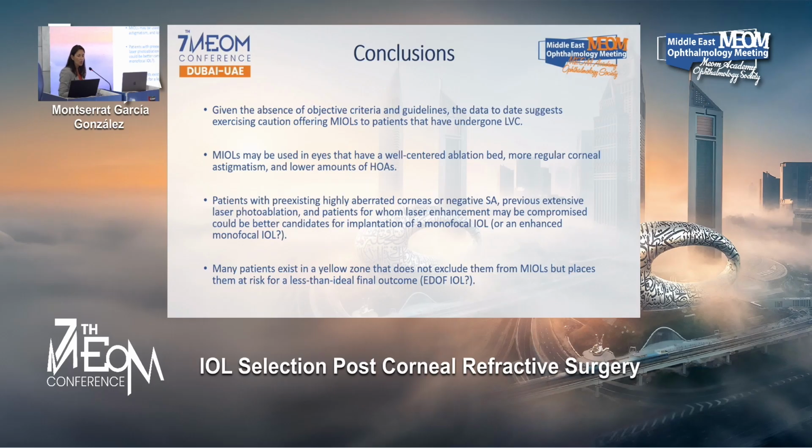In contrast, patients with pre-existing highly aberrated corneas, negative corneal spherical aberration, extensive laser photoablation, or patients in whom a corneal retreatment cannot be performed should be better candidates for a monofocal IOL, or maybe we'll see in the future the role of enhanced monofocal IOLs in these cases.